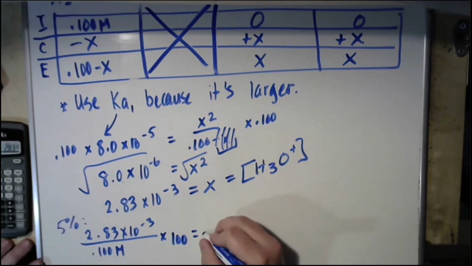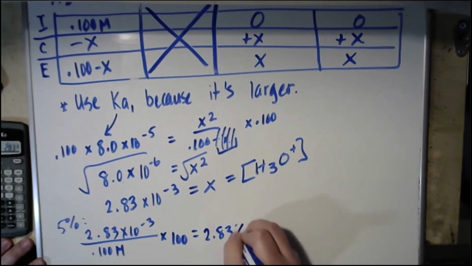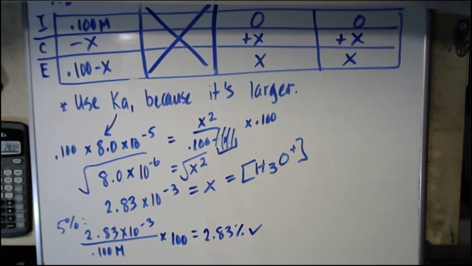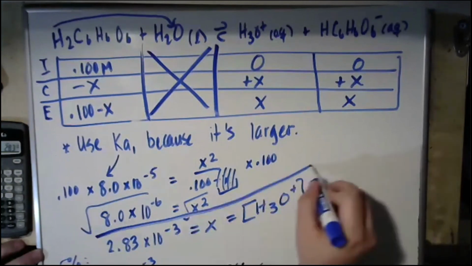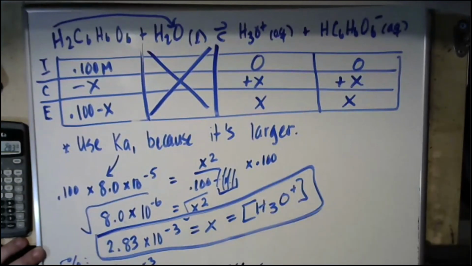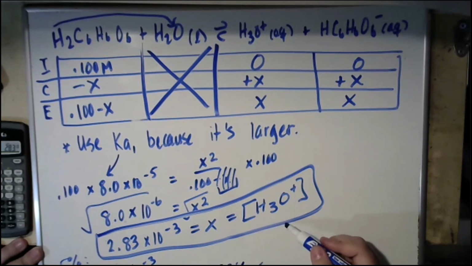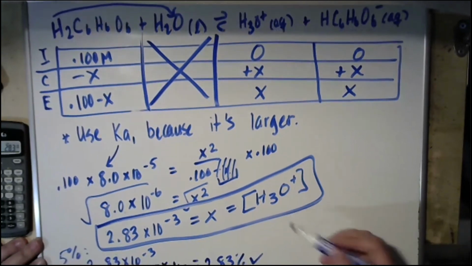And we get a percent of 2.83, which checks out. That's great. That means that we can use this as our hydrogen ion concentration, and we can calculate the pH directly from this value.